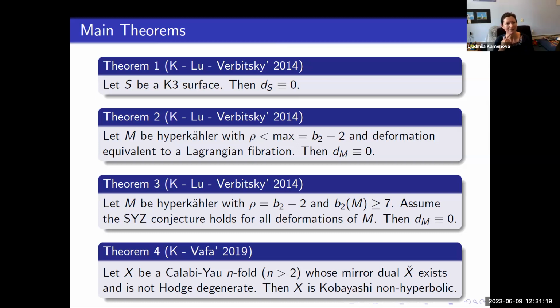So basically, if you have a Kummer K3, then that's true. You can find a dense copy of C inside. And if you have certain elliptic fibrations, K3s which are elliptic fibrations, for certain ones, there exists such a dense copy of C. But yeah, geometrically, that's how you can think about it.